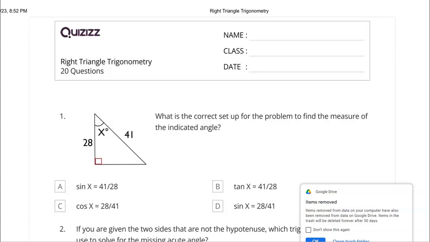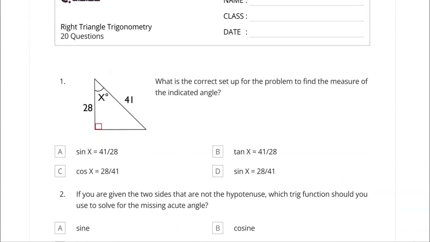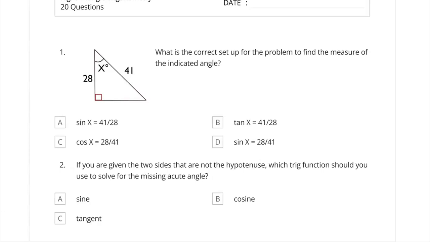Okay, in this video, we're going to go over all of the quiz's questions on right triangle trig. The first one says, what is the correct setup for the problem to find the measure of the indicated angle? From this angle's perspective, the adjacent is 28, and this is the hypotenuse.